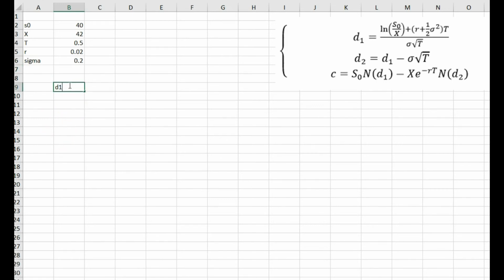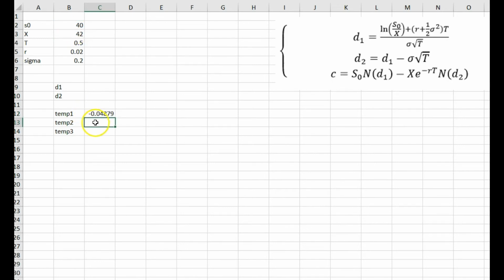Then we calculate D1 and D2. To calculate D1, we can just plug in the formula directly. Alternatively, we can make it easy. We can call them temp 1, temp 2, and temp 3. Temp 1 is simply log of S0 divided by X. D1 is temp 1 plus temp 2, divided by temp 3. So this is natural log of S0 divided by X, where X is the exercise price.